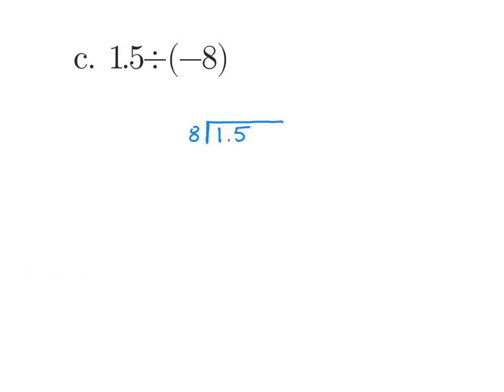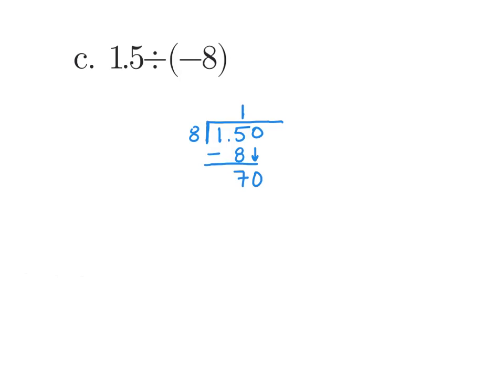All right, so what is the first number that I can divide by 8? It is 15. And so 8 goes into 15 one time. 1 times 8 is 8. Subtract, we get 7. All right, we add a 0. Bring it down.